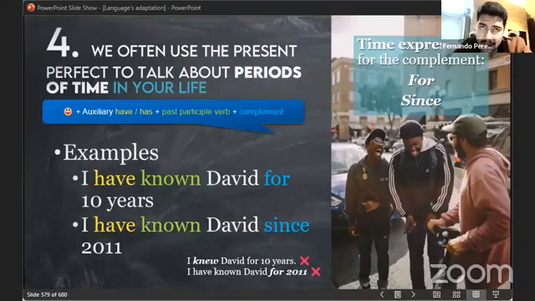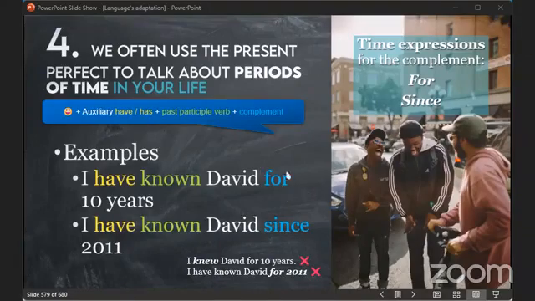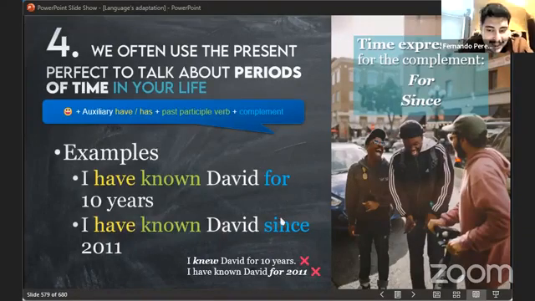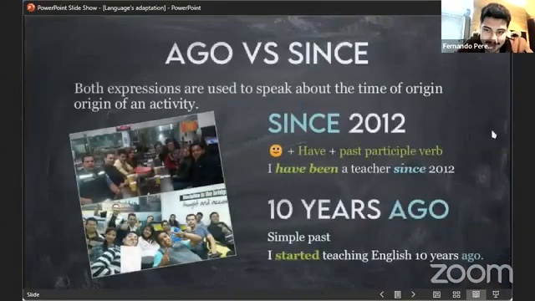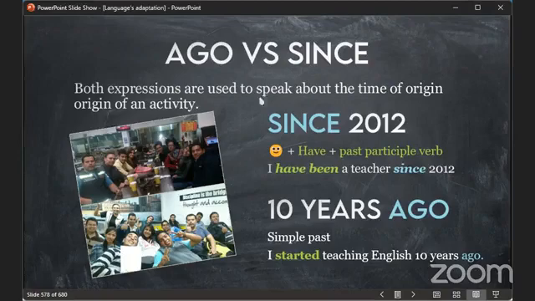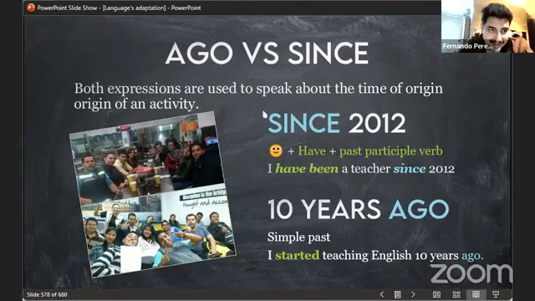Oh, we have a confusion. For, since, and ago are different. The three are different. Since is for the origin. For is for the period. Ago is for the time.